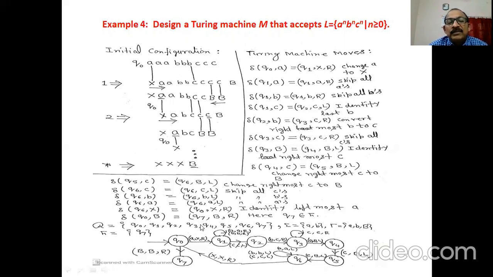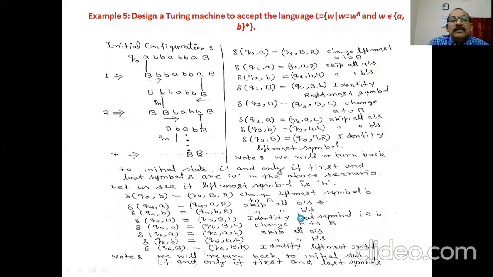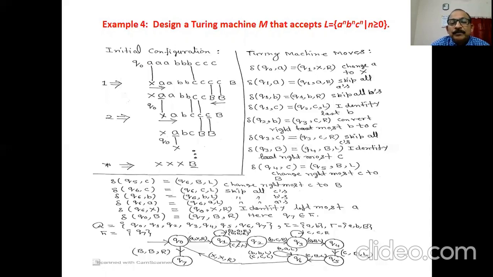Here you have to make Q7 a member of the final states. So while implementing this technique, we have used the 8 states Q0 to Q7. Input alphabet is A, B. Tape alphabet is A, B and capital B. And the final state is Q7.